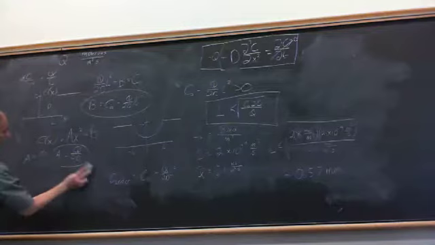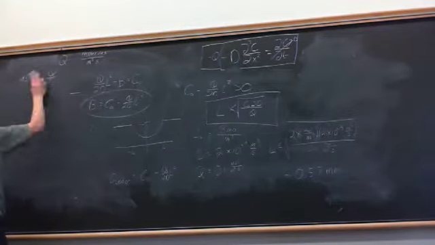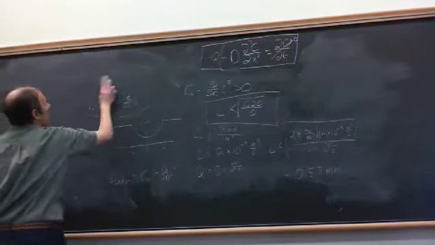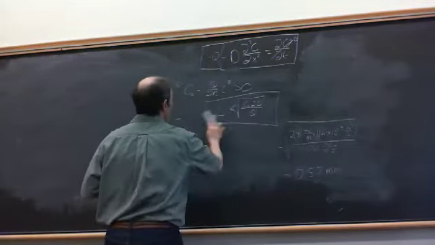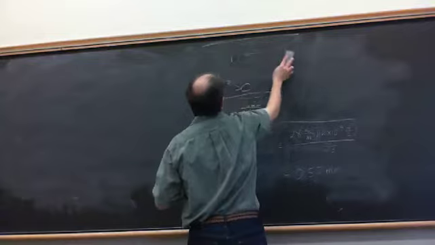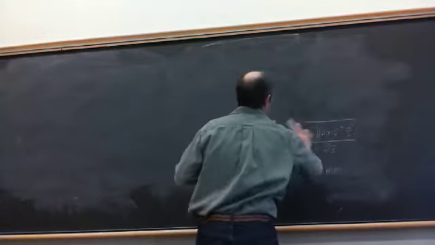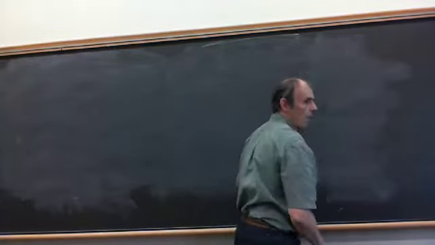Now, let's do something that I know you guys will all be interested in. Let's look at some of these homework problems and see if I can give you a few hints on how to get started. Okay, homework problem 8.